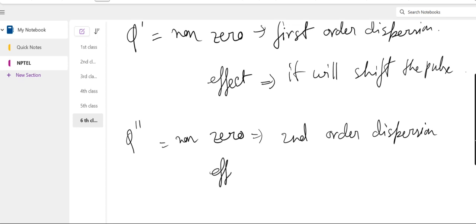So the effect is this term broadens the pulse.